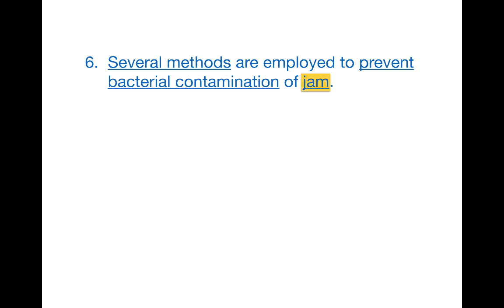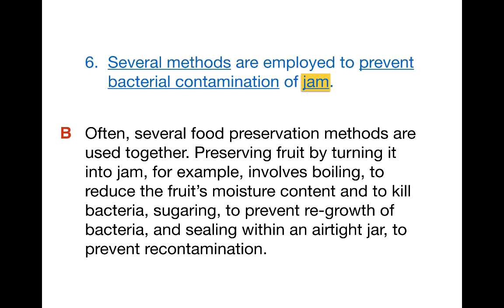We read at normal speed through paragraph A, but you won't find anything there. But when you get to paragraph B, you do find something about jam. So let's read from the start of this paragraph carefully. Often several food preservation methods are used, the same as employed, together.